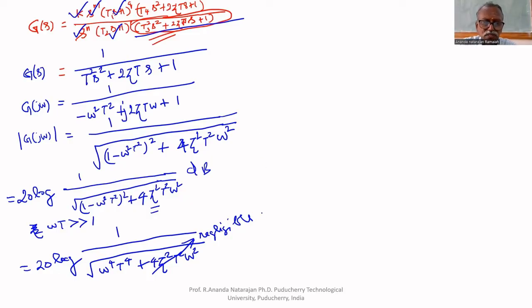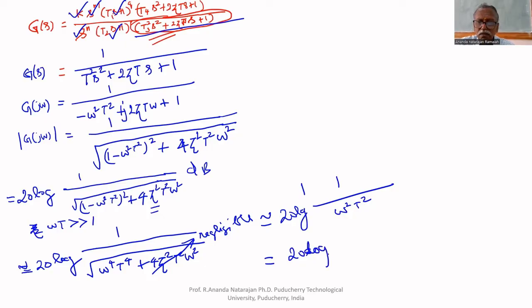That's why this is approximately equal to 20 log 1 upon square root of omega power 4 tau power 4, which is 20 log 1 upon omega square tau square. If we bring this to the numerator, you will get a minus sign from the power minus 1.